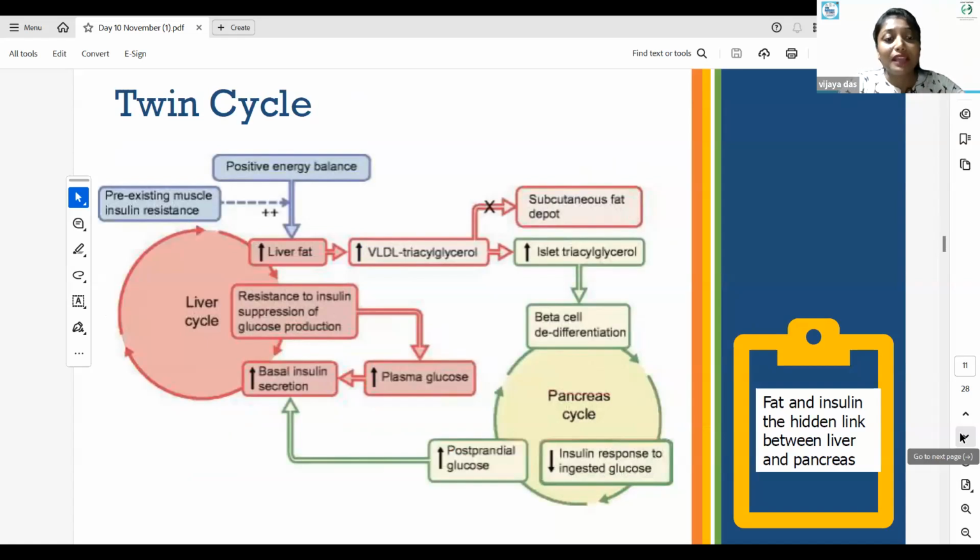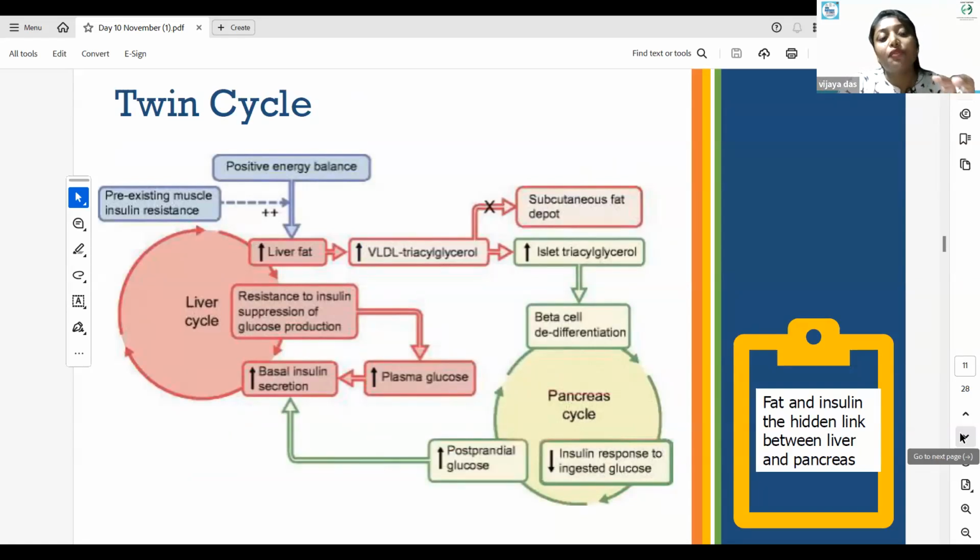Like we are aware, the liver is always responsible for managing glucose as well as fat. On the other side, we are also aware of the pancreatic system, which is responsible for the release of insulin. These two glands are very important in order to manage our glucose homeostasis.